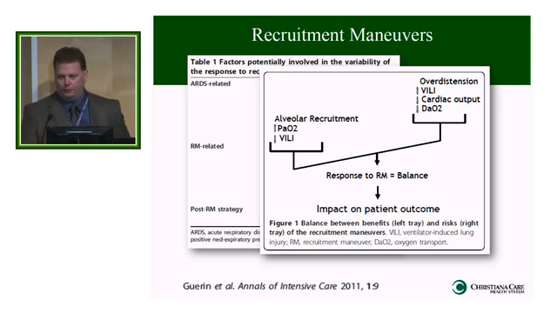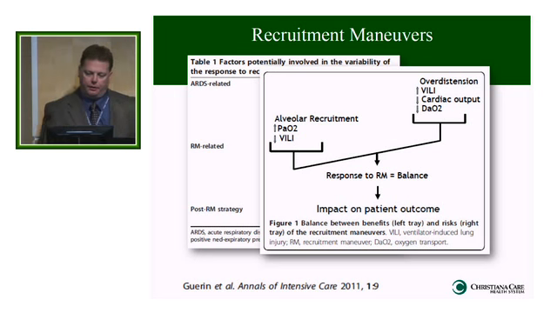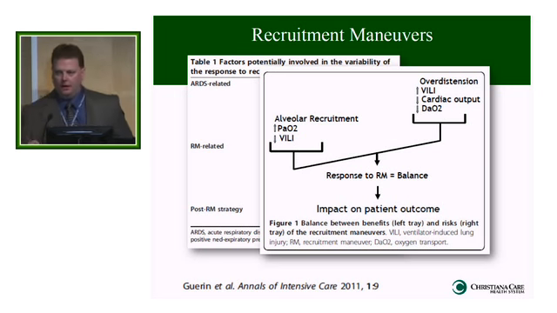The type of recruitment maneuver you do, like I said, they're muddying the waters: how high you go on the pressures, how long you hold that pressure, or if you do some kind of modification of it. And the post-recruitment maneuver strategy. Just getting the lung open is nice for that time when the SAT hits 100 and you're like, wow, this is great.